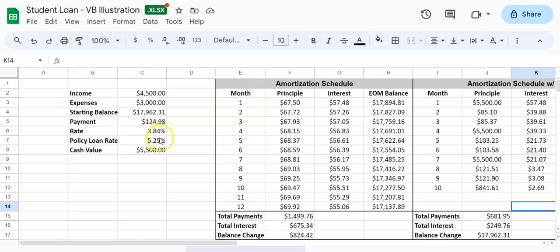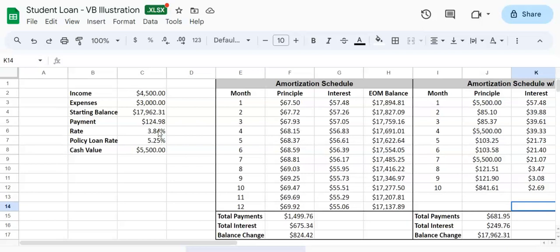Now, the credit line that's going to be used in this particular example, again, is cash value from a life insurance policy, and there's a $5,500 line available, and the loan rate through the insurance company is 5.25%.